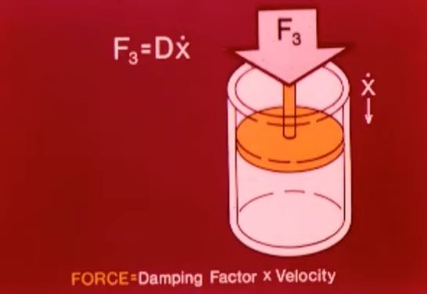We shall assume the force required to move the damper is directly proportional to the speed we attempt to move it. We would express this as F3 equals d x dot, or force equals damping factor times velocity. In a practical shock absorber, this linear relationship might not hold true, in which case we would gather experimental data and insert these in the program by means of a function generator.